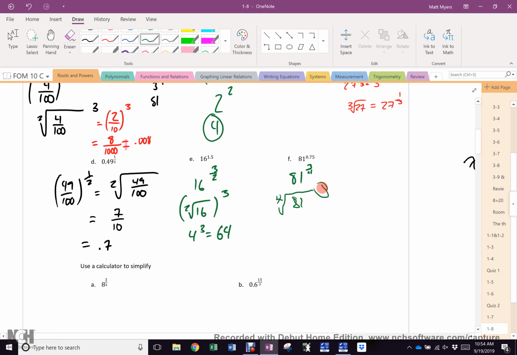What is the fourth root? What is the fourth root of 81? 3. 3. To what power? 3. To get what answer? 27.